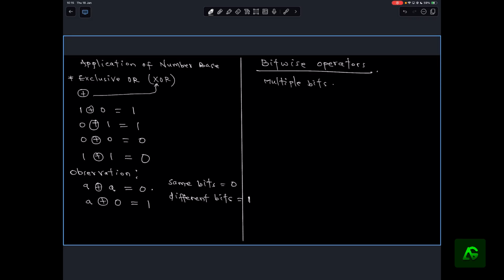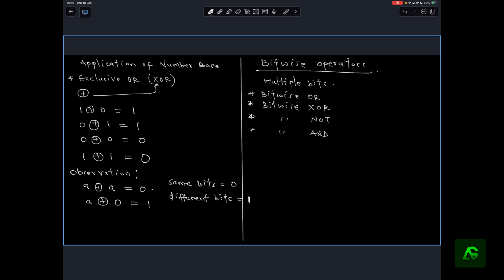The operators we'll be looking at are bitwise OR, bitwise XOR, bitwise NOT, and bitwise AND.